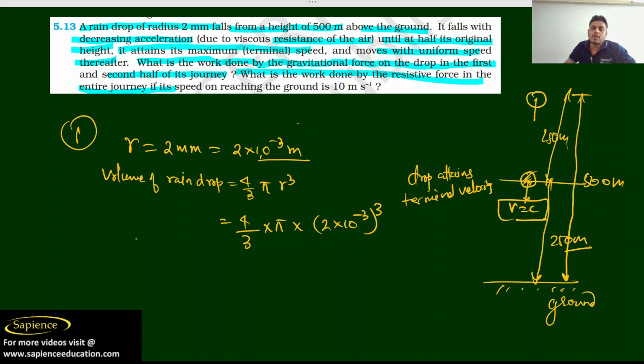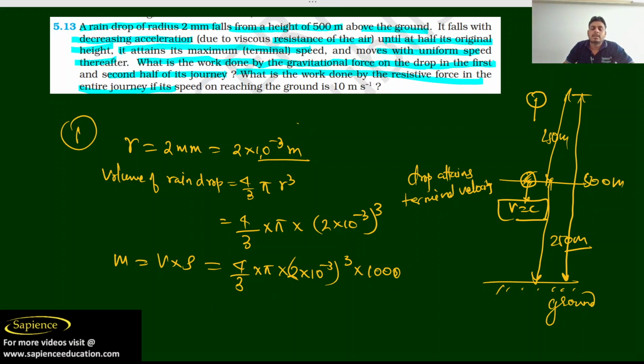Now the mass of the raindrop is equal to volume into density. So what is the density? First of all, write the volume, which is 4 by 3 into pi into 2 into 10 power minus 3 whole cube, into the density, which is 1000. By using this you will be able to find the mass.